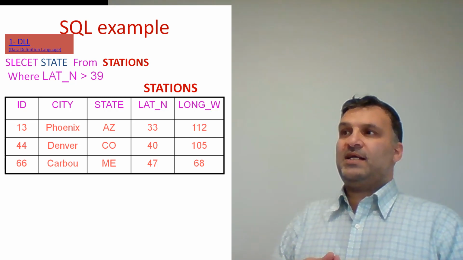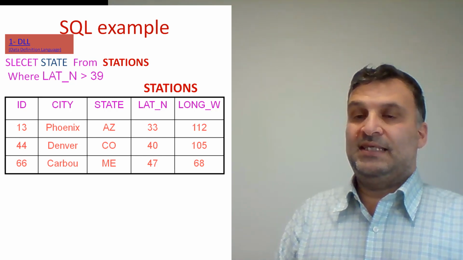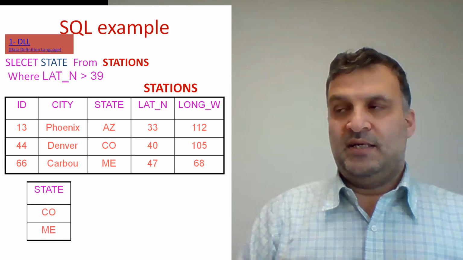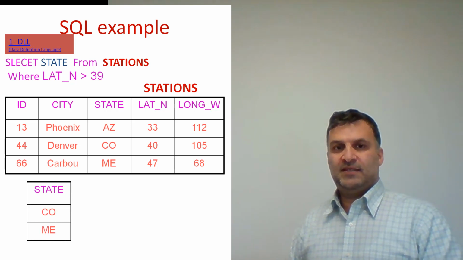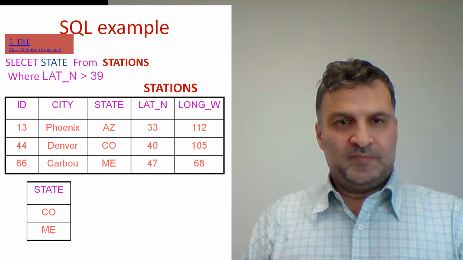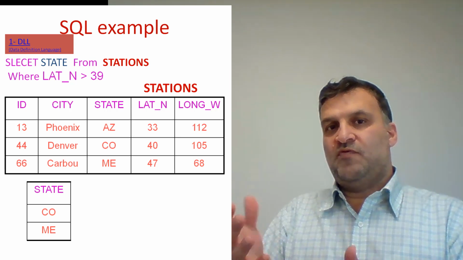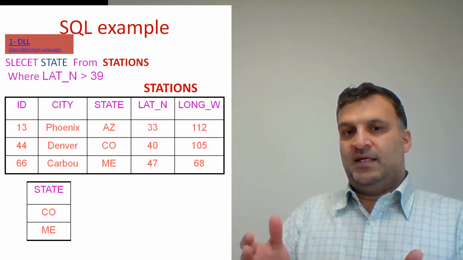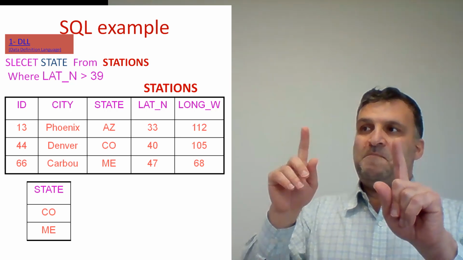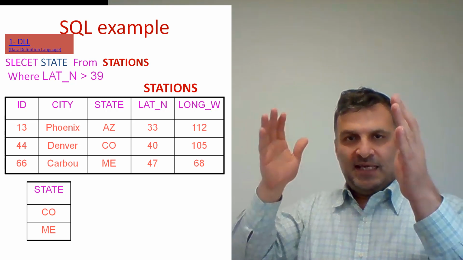We can say WHERE LAT_N is more than 39. The answer to this question will be this small table. So with one instruction we could find the data. We can join many conditions from different tables in the same instruction.